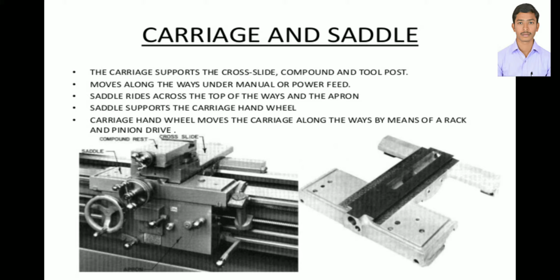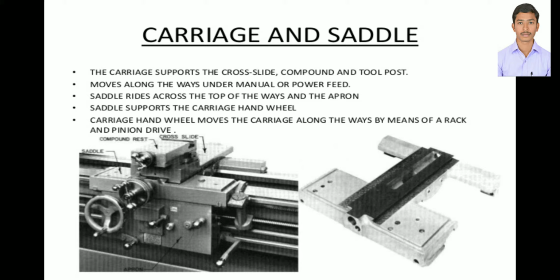A rack and pinion drive mechanism is placed in this carriage and saddle. With this mechanism, the carriage slides on the lathe machine in forward and backward direction, and the tool post can slide at an angle of inclination.